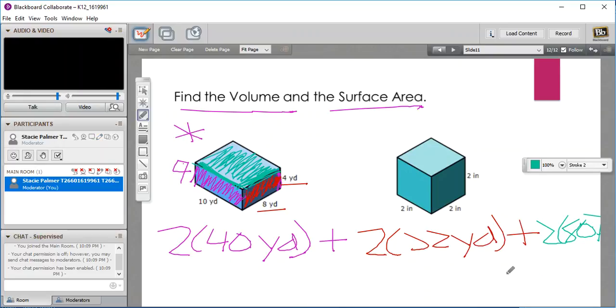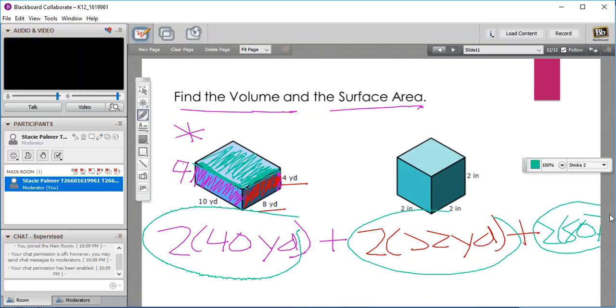Now we just simplify. Remember, we have to follow order of operations, so we need to take care of these multiplications before we do any additions. 2 times 40 is 80. 2 times 32 is 64. And 2 times 80 is 160.